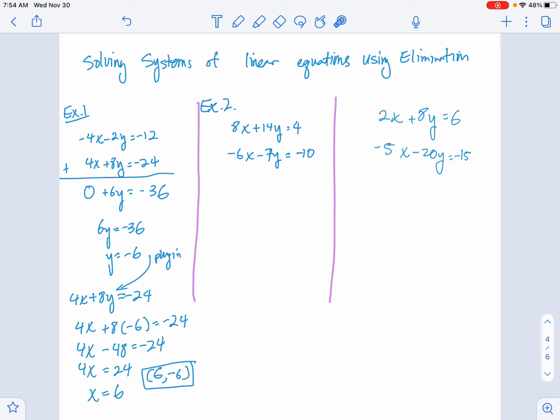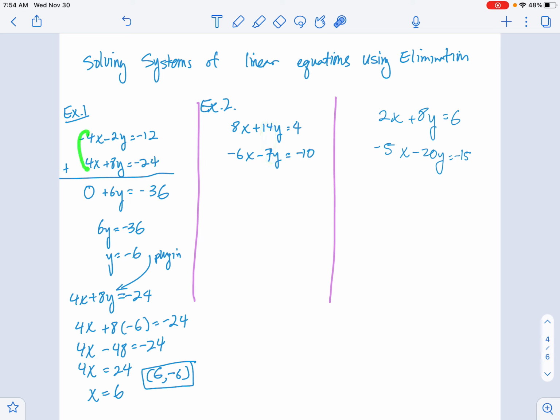So it's going to be easier probably to do elimination. So I want to find out which variable to eliminate now. Now I'm looking at these two. I have 8x and 6x. I have 14y and a 7y. Now we want these numbers in front of these variables to match up.